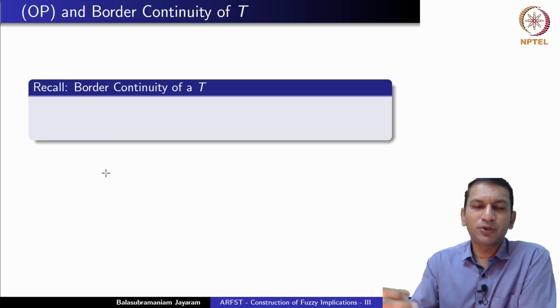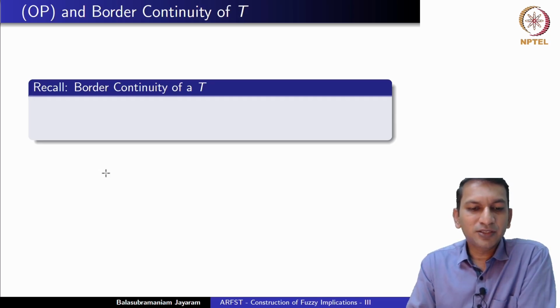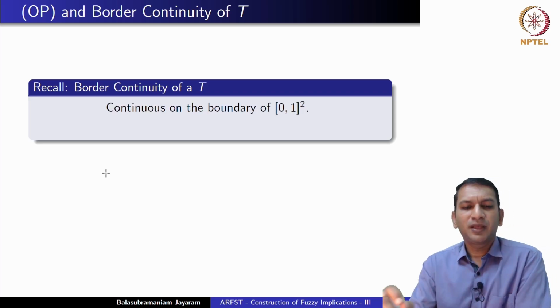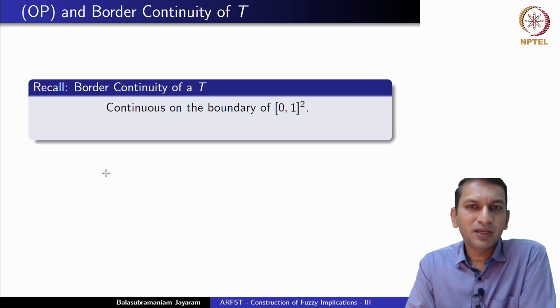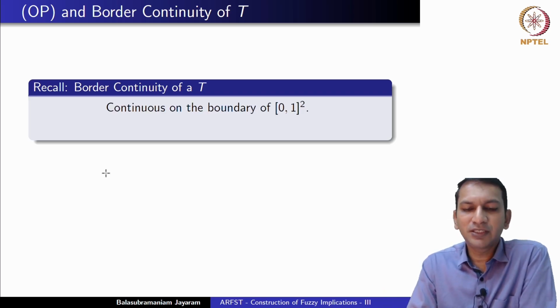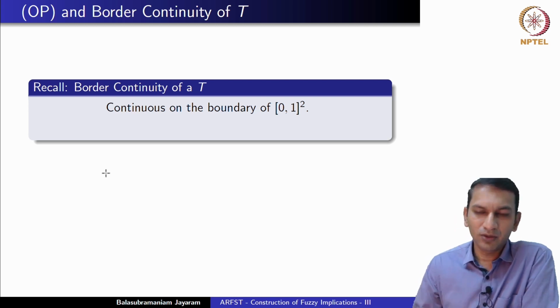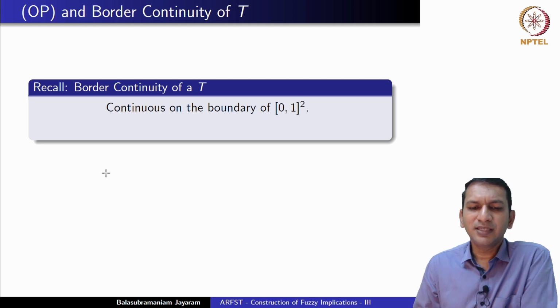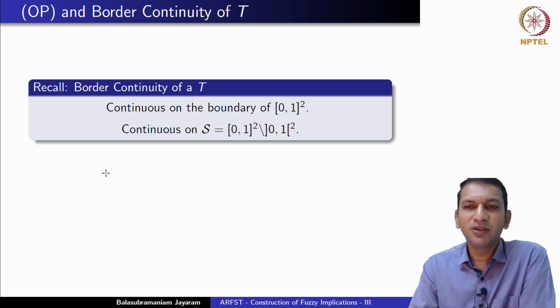With respect to the ordering property, let's recall what we defined as border continuity of a T norm T. We said a T norm is border continuous if it is continuous on the boundary of the [0,1] square, on the unit square. Essentially, it means it should be continuous on this set.